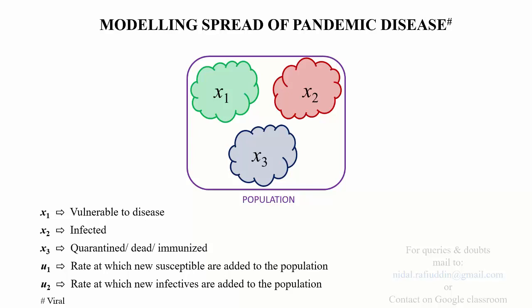Let us assume that initially you have a population which was healthy, not affected by any sort of disease, and the whole population would be in the subset X1.